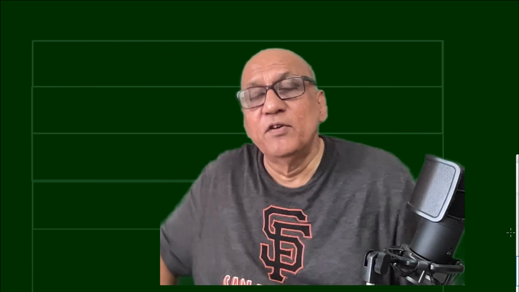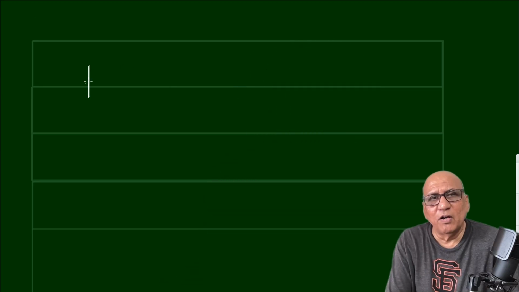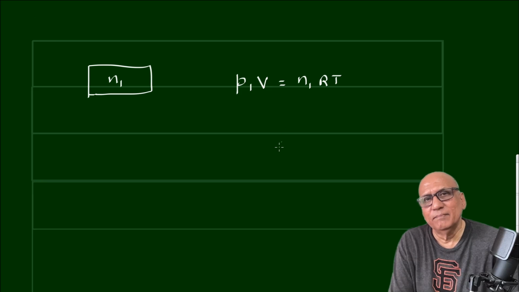Now I told you that we can go ahead and use PV equals nRT for a mixture, and I showed you how to use it. But can we justify it? Now some people will say, look, supposing this volume is occupied by just n1 moles of gas 1, then the pressure P1 exerted by that gas will satisfy P1V equals n1RT.